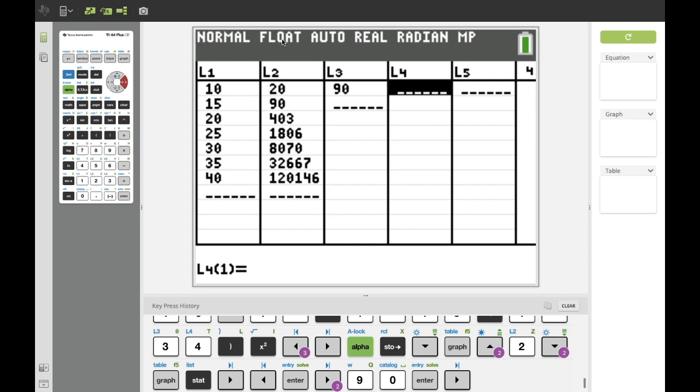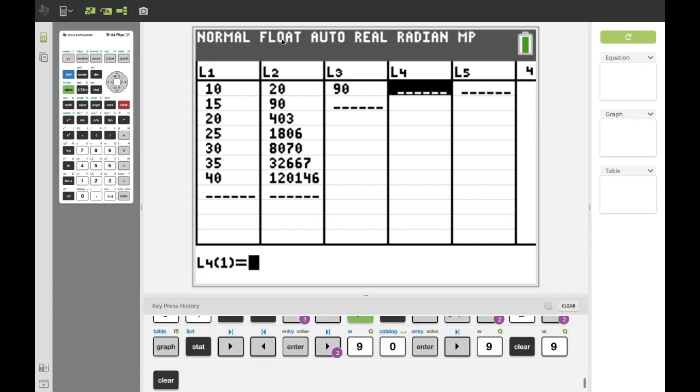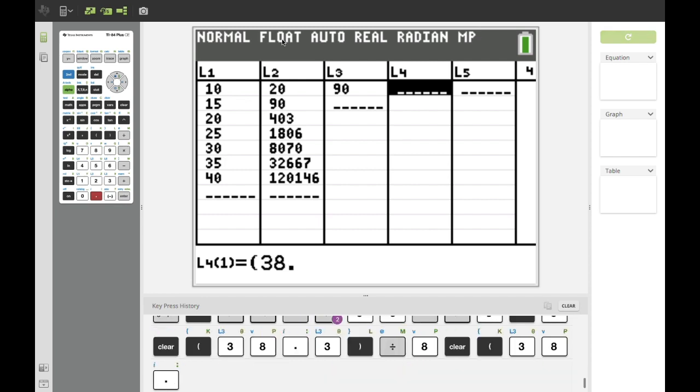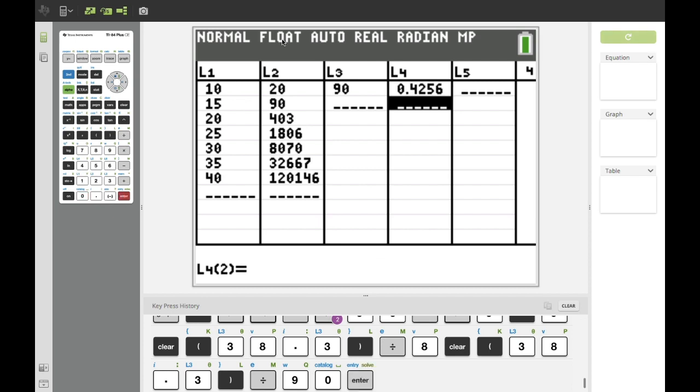And then here in L4, that was 38.3 divided by 90. Automatically, the calculator will compute it. 38.3 divided by 90. Okay, that one.